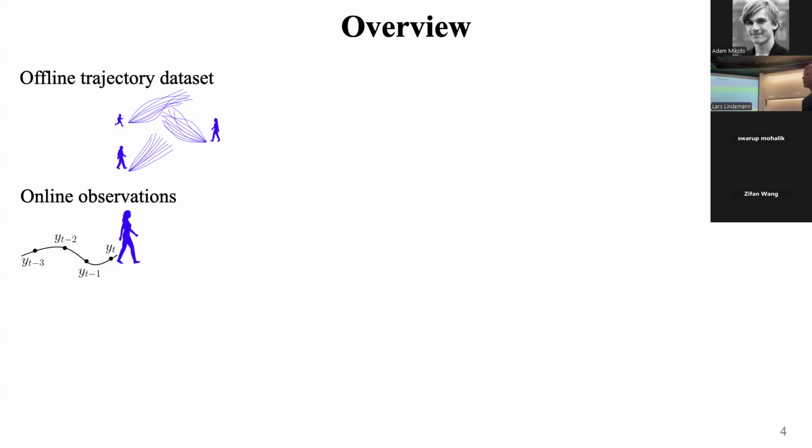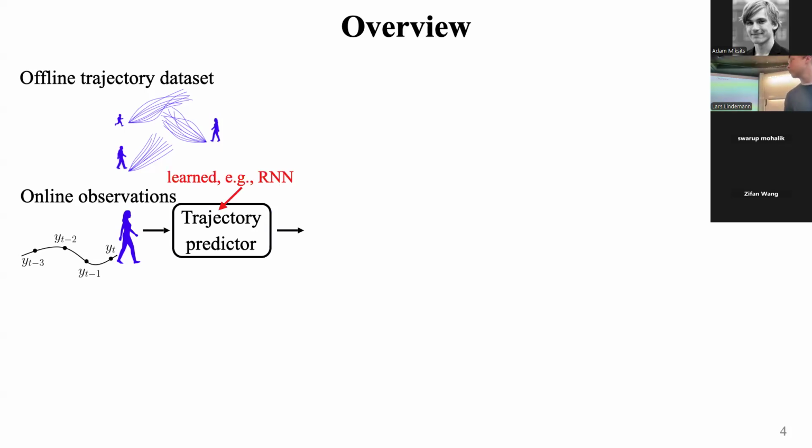Now, online, we assume that we have available the state, in this case, the position of the pedestrian at time t, denoted by y of t, and potentially a history of those, okay? And then we're using a trajectory predictor, for instance, a learned one, a recurrent neural network in this case, or a long short-term memory network, to predict the future behavior of this pedestrian, here denoted by y hat of t plus 1, y hat of t plus 2, and so on.